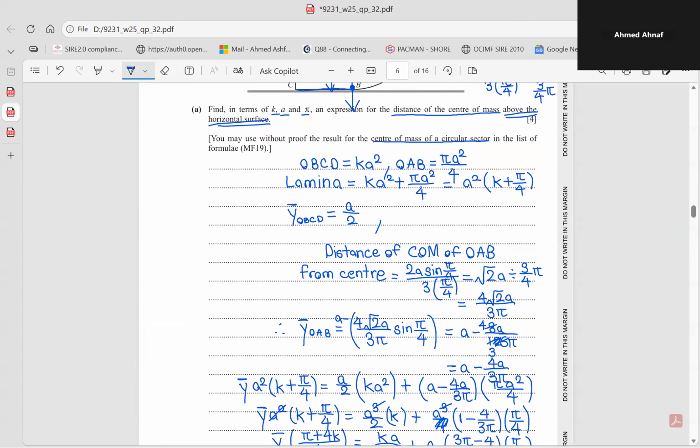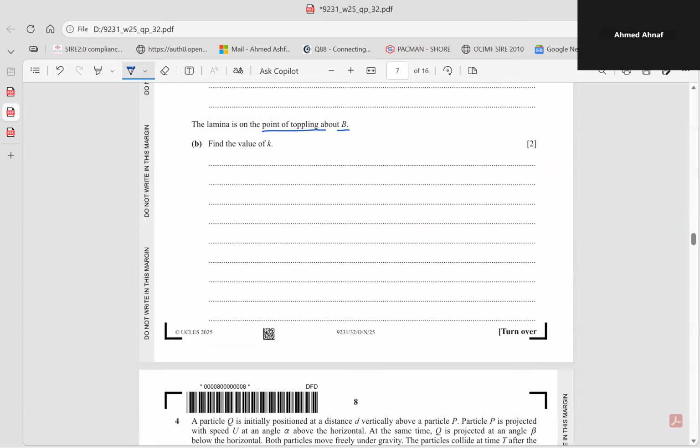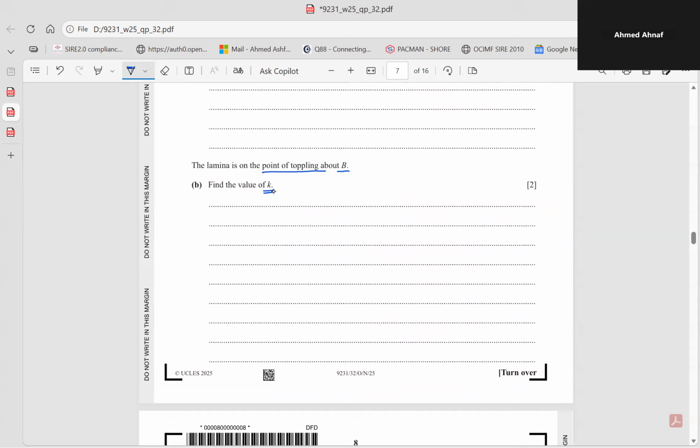First, we have to find the value of k. We have to find what x bar is.